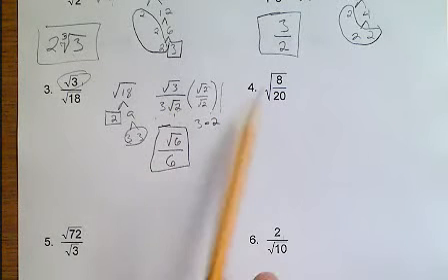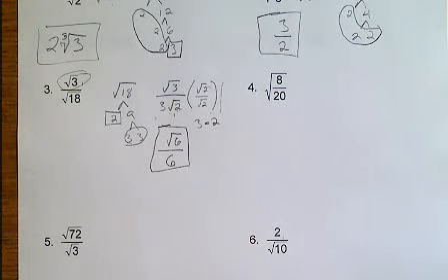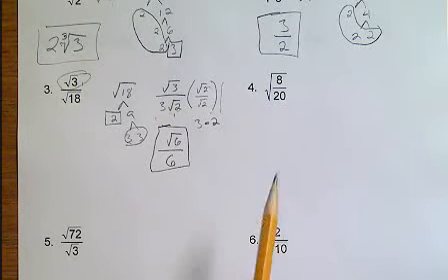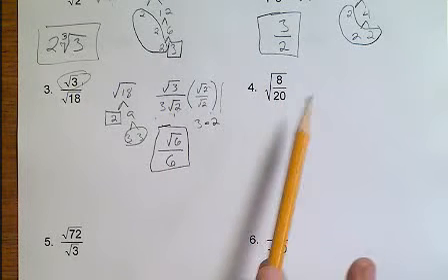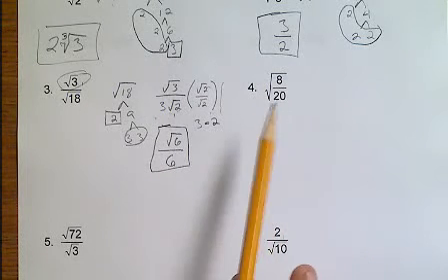Let's go ahead and move on to number 4. Well, we've got the square root of 8 over 20. Well, I'm looking at this and I noticed that I can simplify 8 over 20, and neither of those are a perfect square. So let's go ahead and simplify this.